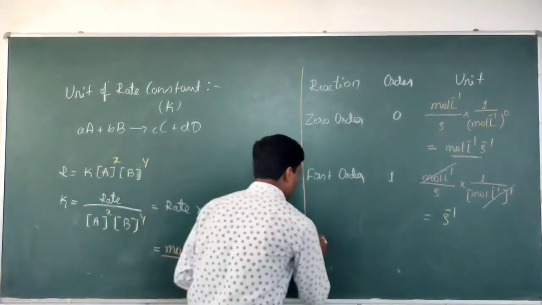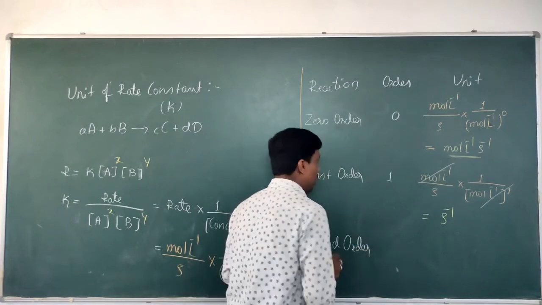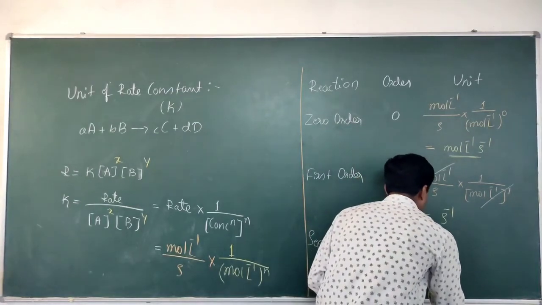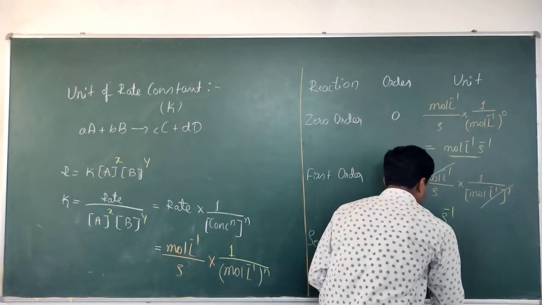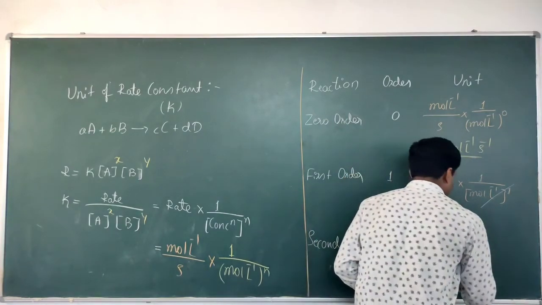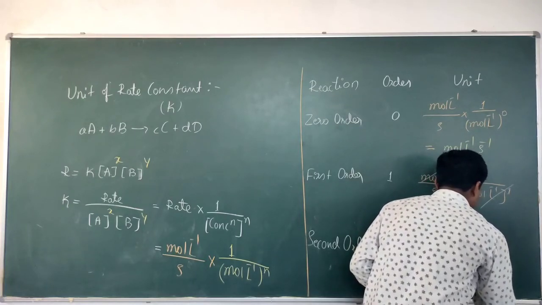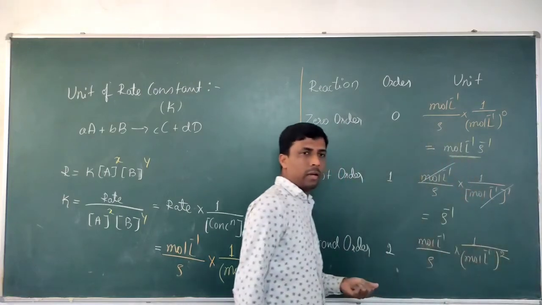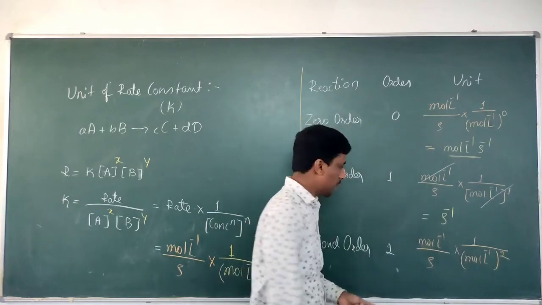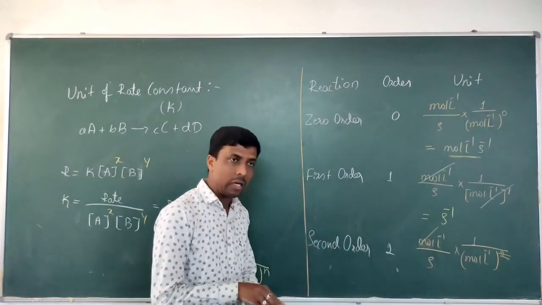Okay? Calculate for second order. It is 2. Now substitute. Mole per liter per second into 1 divided by mole per liter raised to power 2. It means in the denominator we have 2 mole per liters. Here 1 mole per liter, 1 mole per liter. This gets cancelled. What is the final unit?